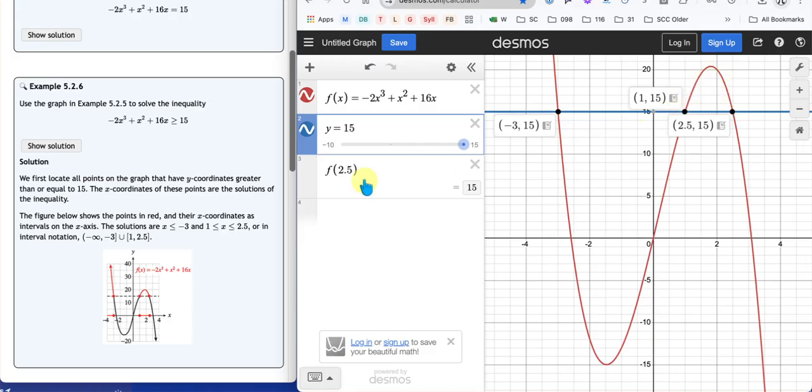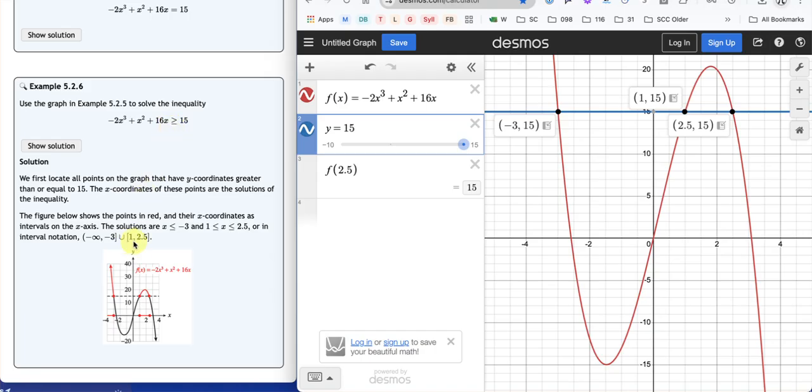So if we look at the solution here, the solution is going to be written in interval notation. So we're going from negative infinity up to negative 3. Notice there's a square bracket on -3, which means -3 is included, and that's because when x is -3, this function, the left side, is equal to 15, and our inequality is a greater than or equal.